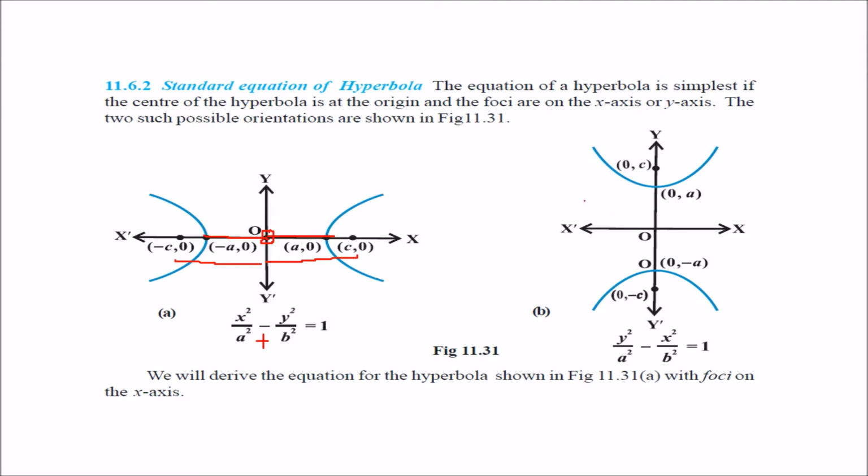If we invert it, meaning we take the transverse axis as the y-axis, then the foci and the vertices lie on the y-axis. Now x will be 0 and y will take the values a, minus a and c, minus c, and the equation becomes y square by a square minus x square by b square.